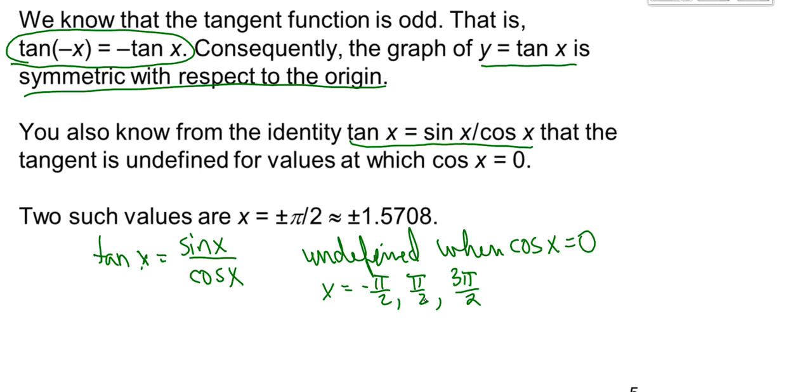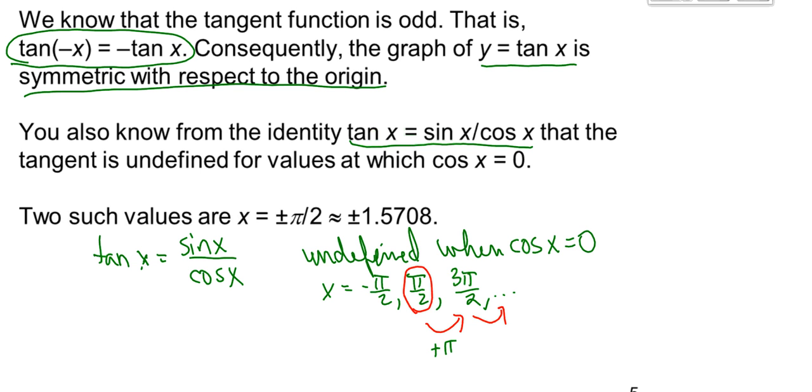So think about the first positive value that it's undefined at, that's pi over 2. And then think about what you keep adding as you go on in this pattern: you're adding pi, or 2 pi over 2, for that common denominator.